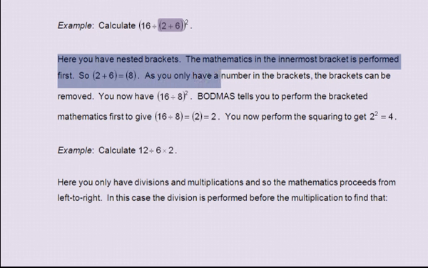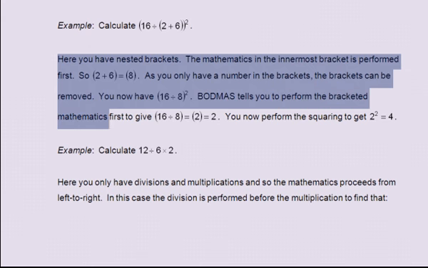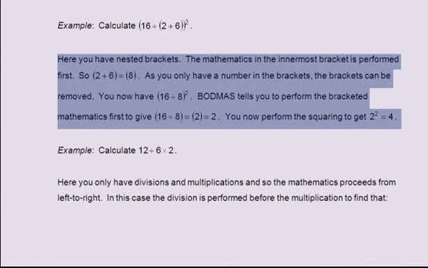As you only have a number in the brackets, they can be removed. You now have 16 divided by 8 all squared. BODMAS tells you to perform the bracketed mathematics first to give 16 divided by 8 in the brackets, which equals 2. You now perform the squaring to get 2 squared equals 4.